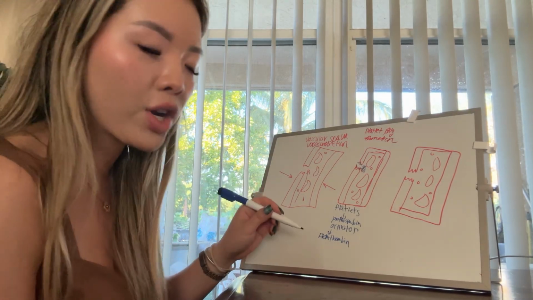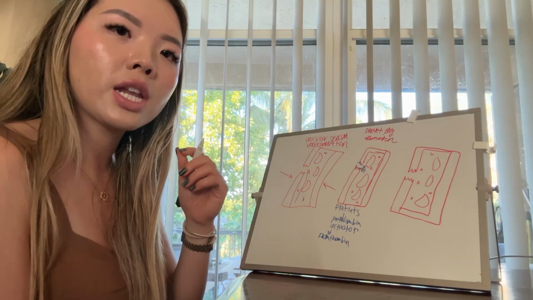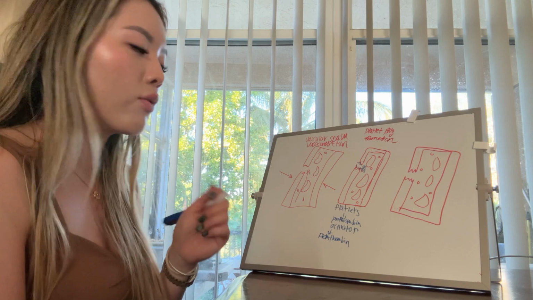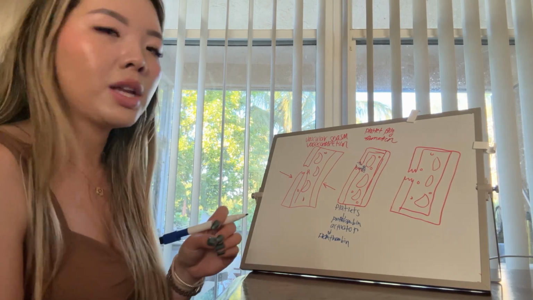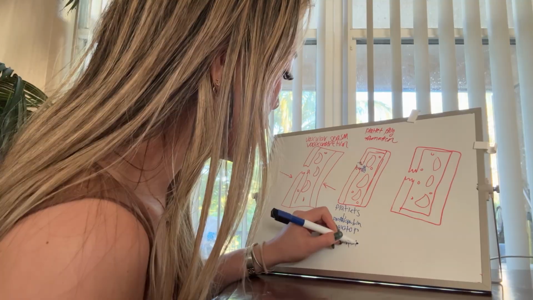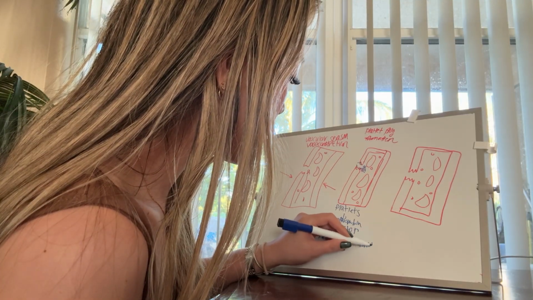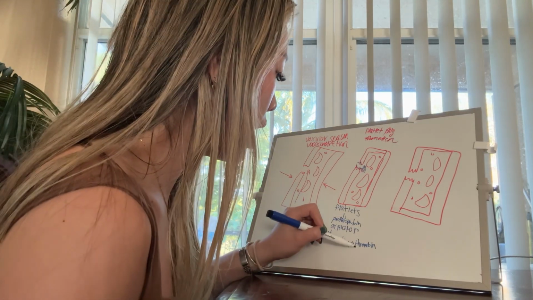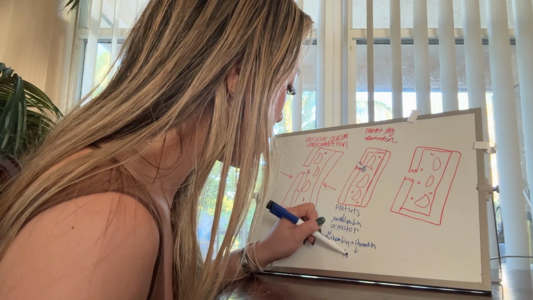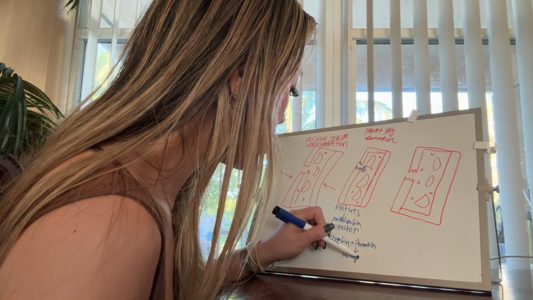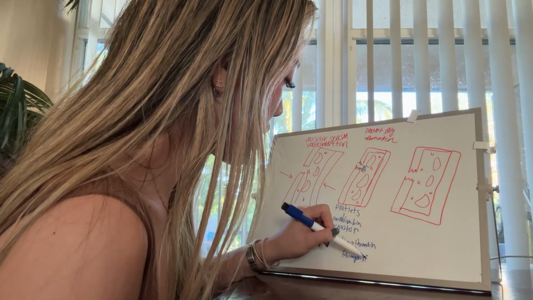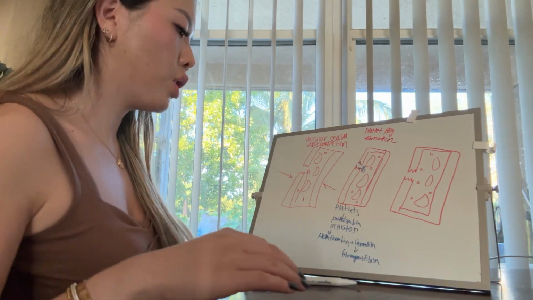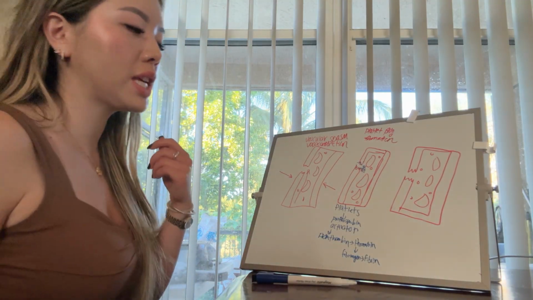Prothrombin is made in the liver, and it also requires vitamin K for its production. So prothrombin is then going to turn into thrombin. Thrombin acts like scissors. Those are going to cut fibrinogen into fibrin. So what is fibrin? Fibrin are protein threads.